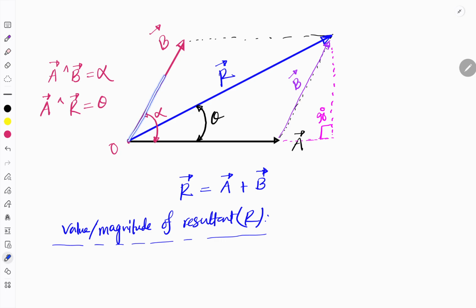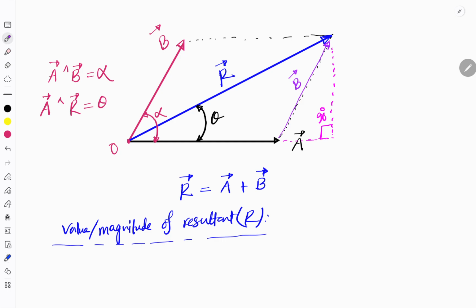If you take this vector and don't change its direction, you can translate it to here and it will not affect that vector. I can take this vector anywhere, but I must not change its direction and its length. If you don't change the length and the direction, you can translate the vector. That doesn't affect the result.